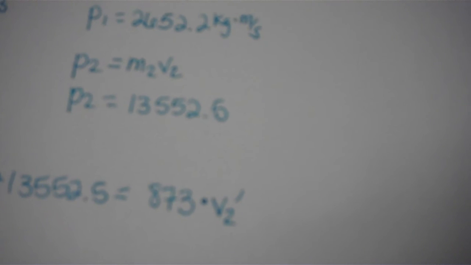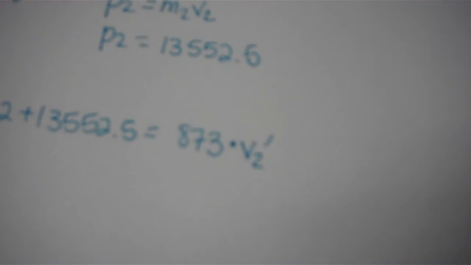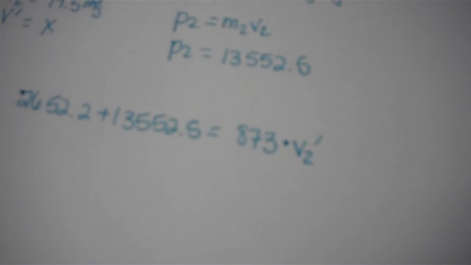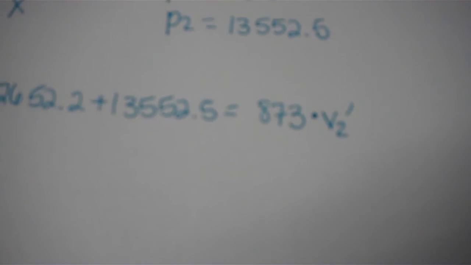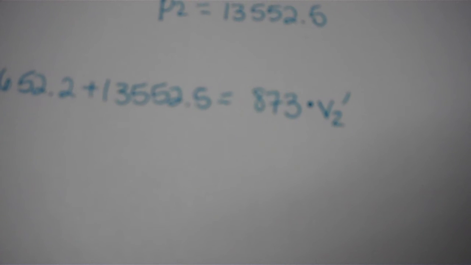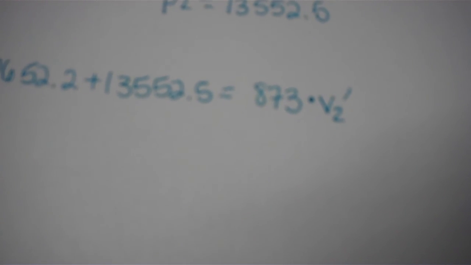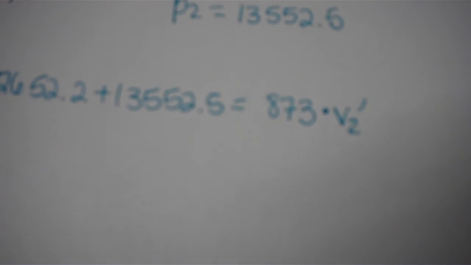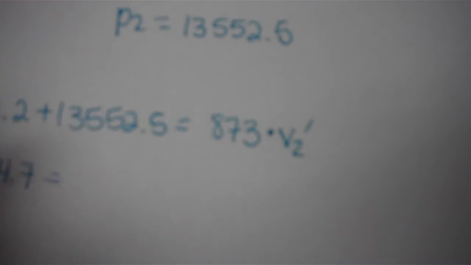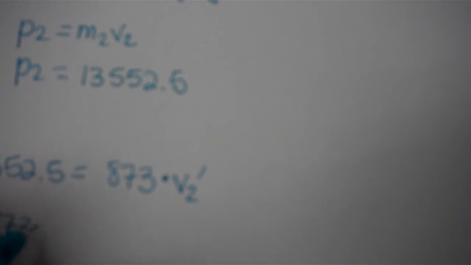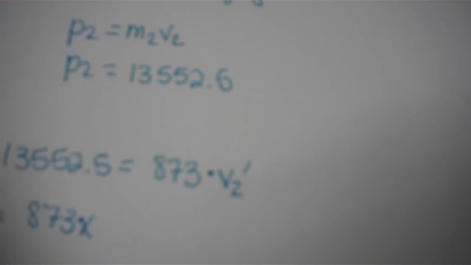We don't know what that velocity is after the collision. So the beautiful thing about this is that the problem actually gets a little bit easier. So we have 2652.2 plus 13552.5, and we get 16204.7, and that is equal to 873 times v prime, which is our x.